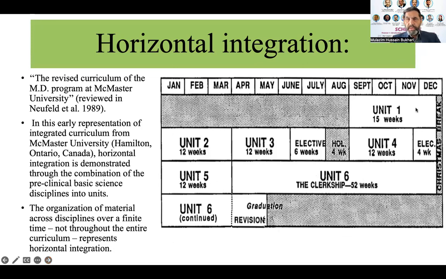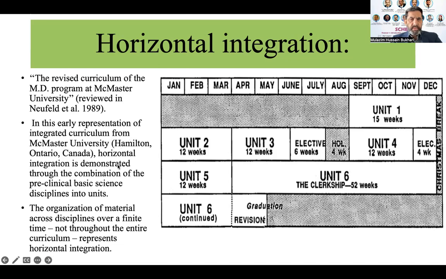These are the years of this one. In unit 1 and in unit 2, how much time you will spend in unit 1 and unit 2. The revised curriculum of the MD program of McMaster University in 1989 is an early representation of the integrated curriculum.